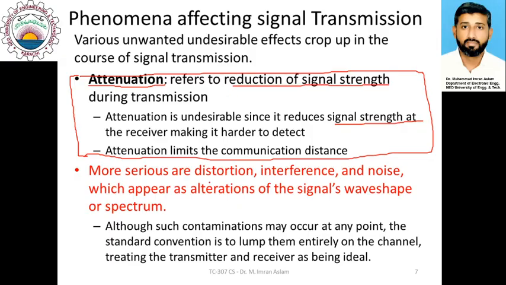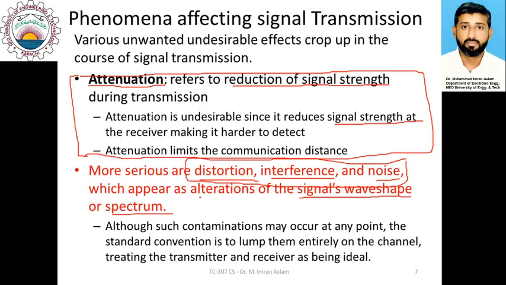Whereas we have other phenomena which are named distortion, interference, and noise. All these phenomena change the shape of the waveform. The signal waveform shape or spectrum gets changed because of these three phenomena. So these three phenomena are considered more severe than attenuation.